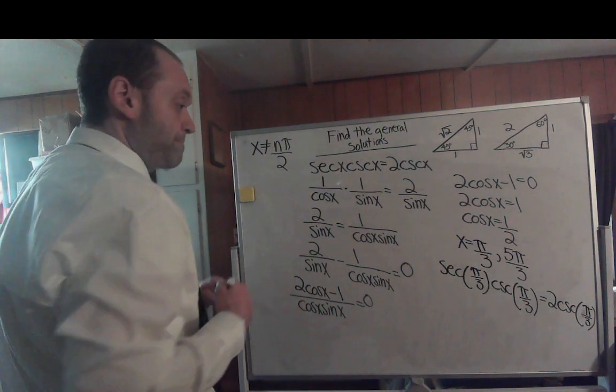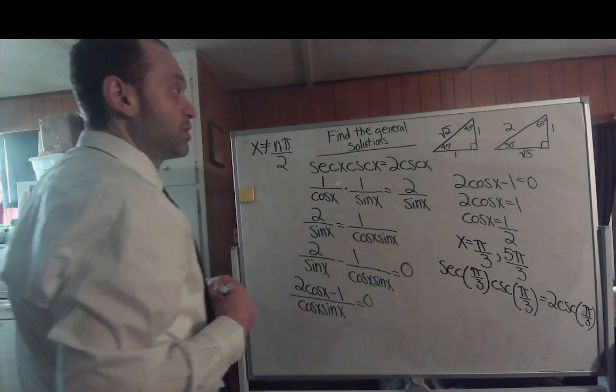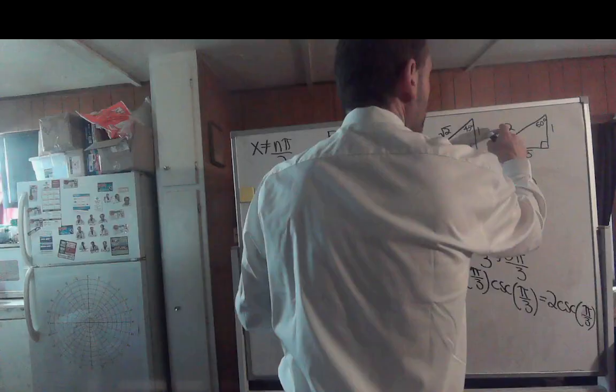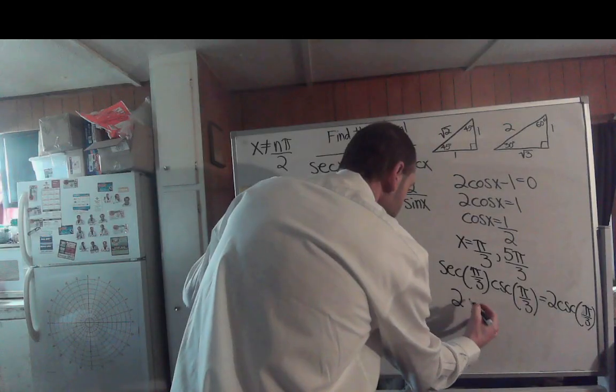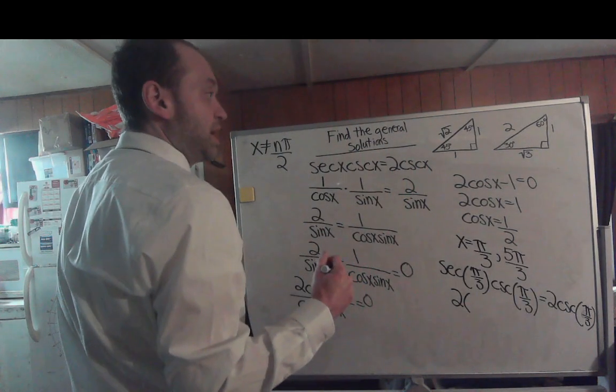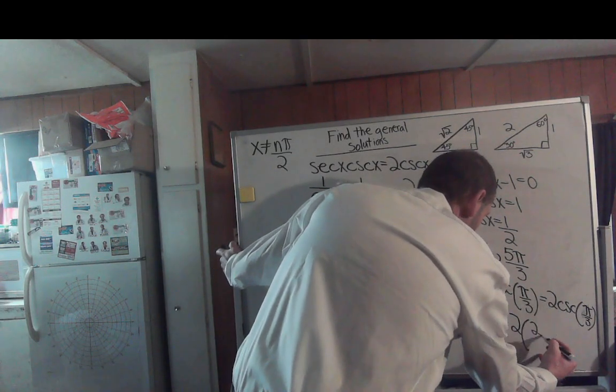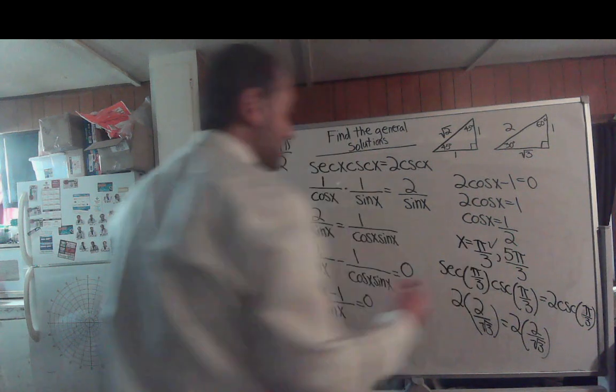All right, so what's the secant of pi over 3, which is 60? Secant is hypotenuse over adjacent. That would be 2. So this would give you 2 times, what's the cosecant of pi over 3? That's hypotenuse over opposite. So that'd be 2 over the square root of 3, which would end up giving you 2 times 2 over the square root of 3. So very good. Pi over 3 checks out.